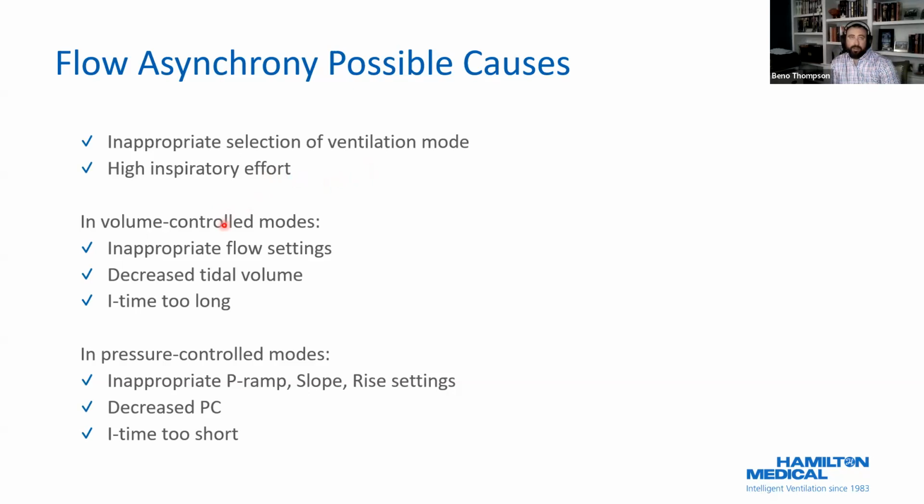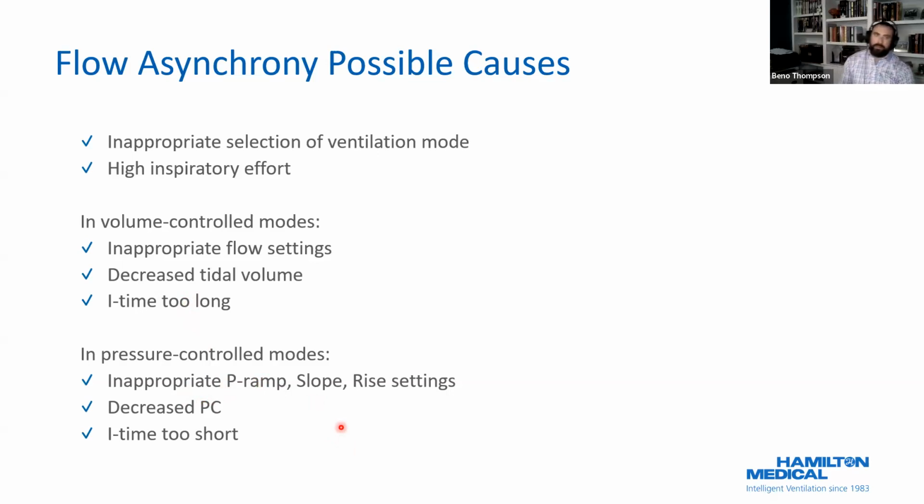And this is going to be it. In volume control modes, not enough flow, not enough volume, or the I time is too long, which goes into the not enough flow category because those two are linked. In pressure control, again, not enough pressure control, I time is too short, and you could also have inappropriate rise time settings.